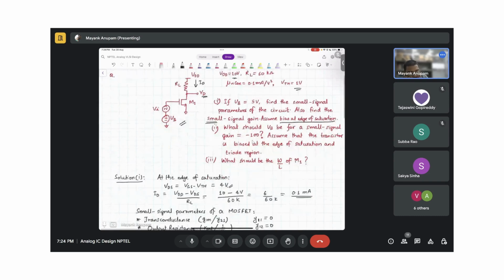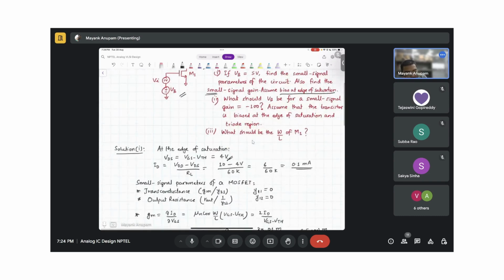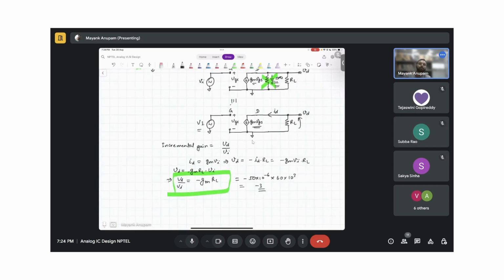It has to be in saturation. So VDS is equal to 4 volt. It is given. So what is the meaning of this negative sign here? In power, we have an idea that when it is negative, we are delivering. In voltage, no. I mean, it might become that, but here the meaning of saying that Vd over Vi is minus 3, it means what?